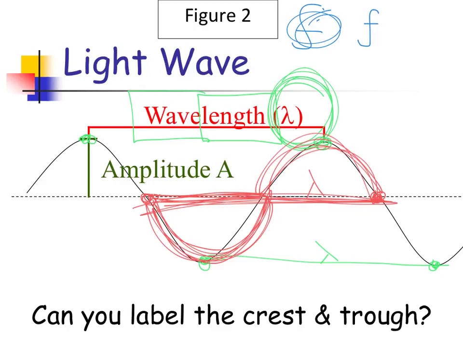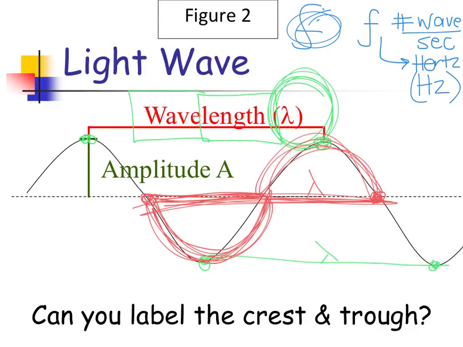That is the frequency, and it's the number of waves per second. And not only does it have a little curvy F, but also write down it is measured in hertz. Sounds like a rental car company, which is Hz. Hz is how we measure frequency.